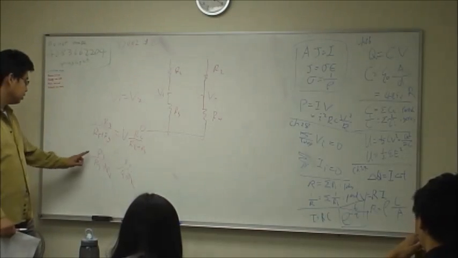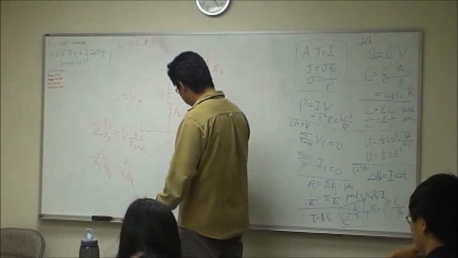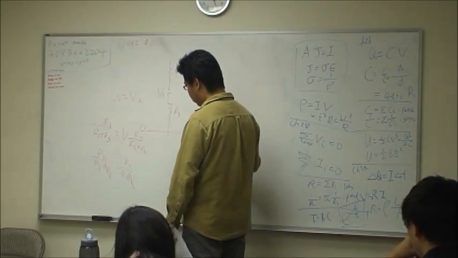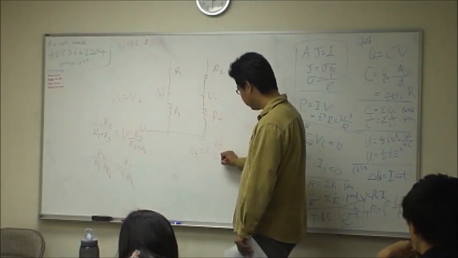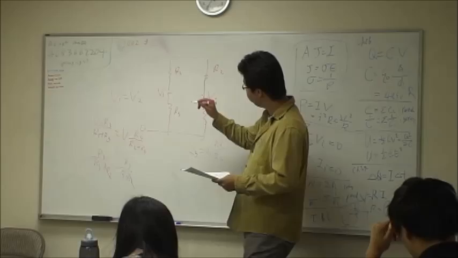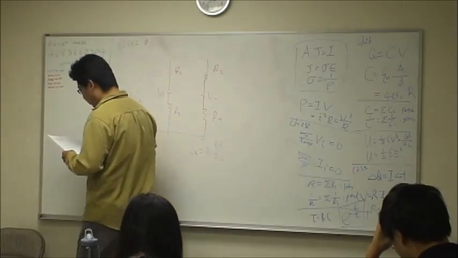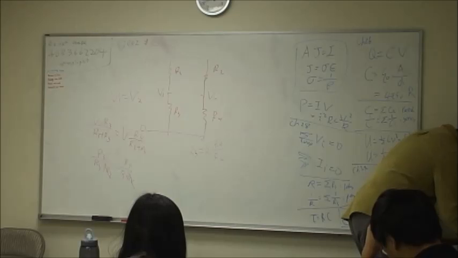Make sense? Okay, this gives us R3 equal to R1 times R4 over R2, which is answer D. That's number 28.